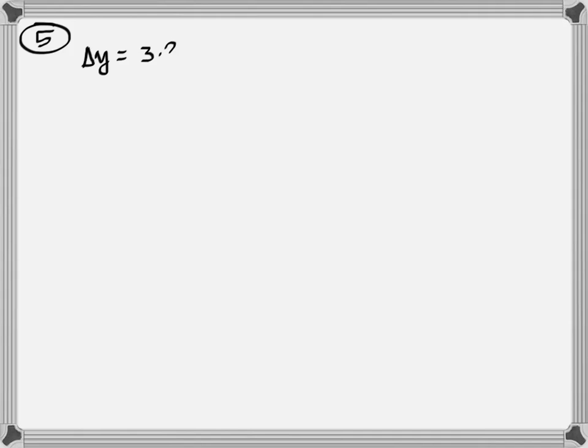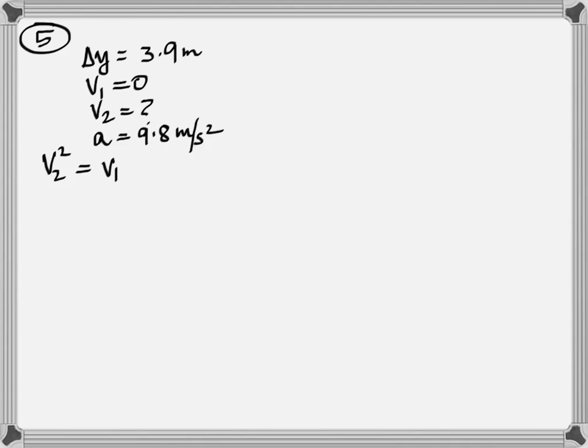Number 5, jumps from a height of 3.9 meter. Initial velocity is 0. You're asked to find the final velocity. Use that equation.